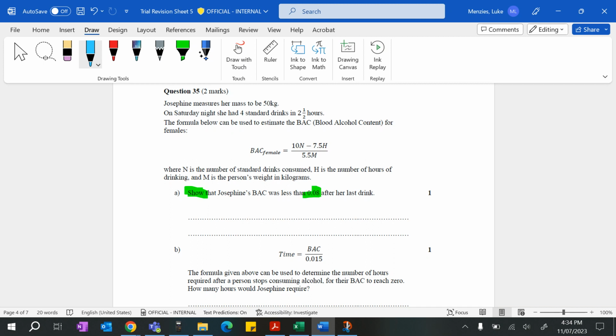And how would I show this? It's a 1 mark question. All they really want you to see is to put the right thing in the right spot. So let's do it.